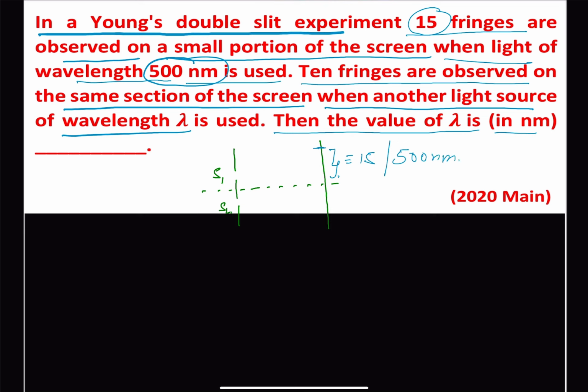and within the same section, we are going to get 10 fringes, but now the wavelength being used is lambda, and we have to find out the lambda.